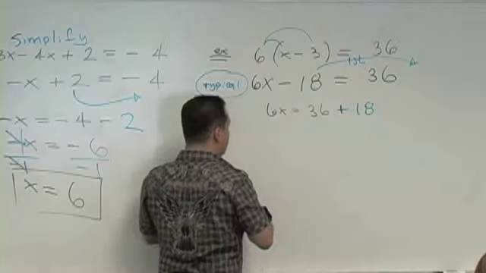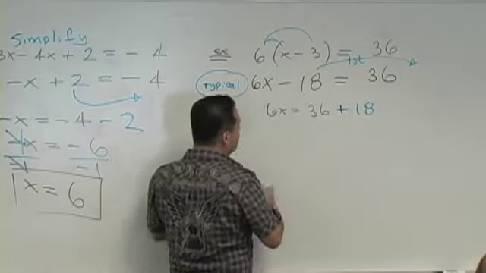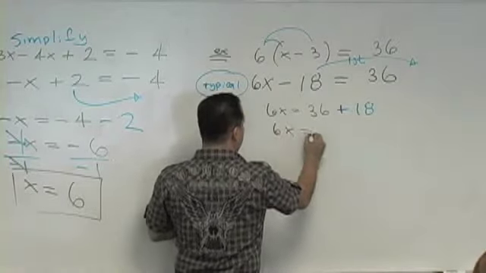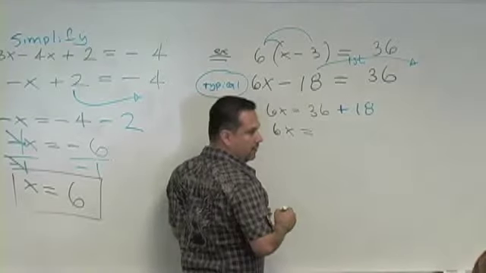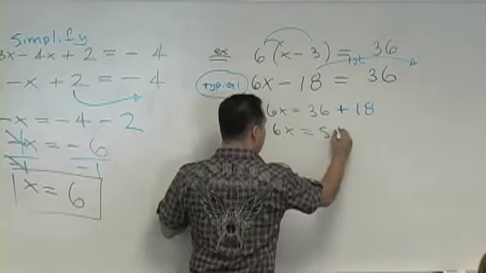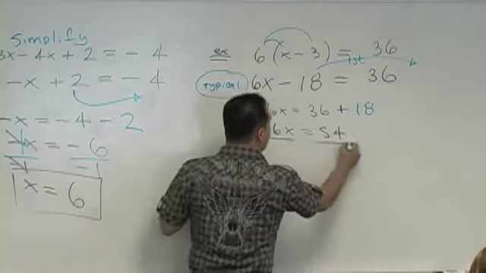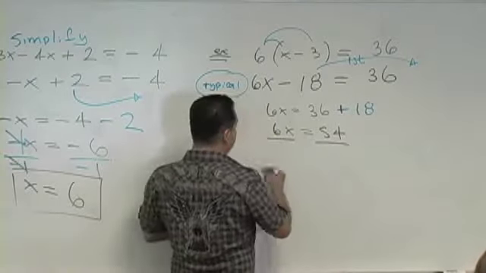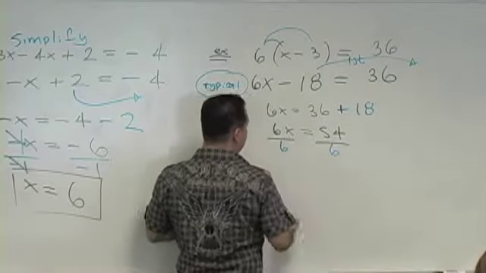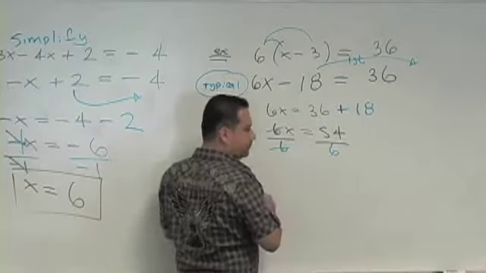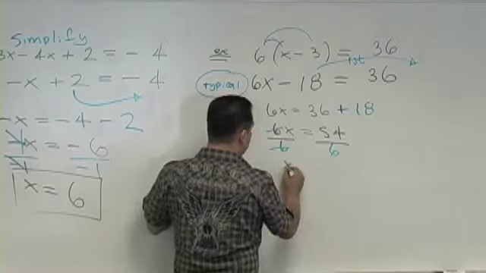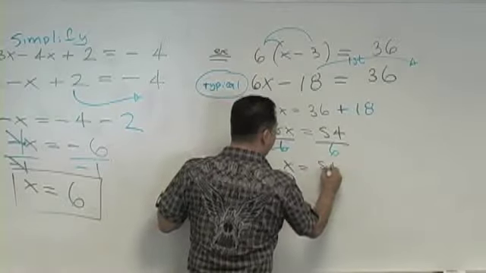Plus 18. So then 6x equals, what's 36 plus 18? Is that 54? Okay. Now what do you guys do? Divide both sides by 6. Translate 6. X equals 54 over 6.